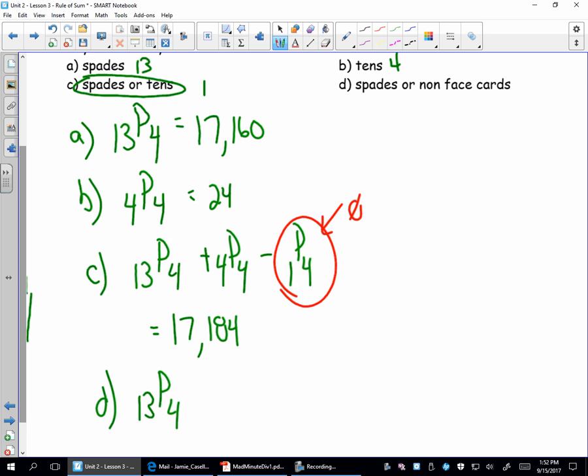Well, there's 12 face cards. That means there's 40 non-face cards. I'm going to deal with 4 of those. How about things that are non-face cards that are spades? How many of those are there? Well, there's 10. And since there's this overlap of non-face cards that are spades, this time I will have to deal with it. This is a possible calculation.